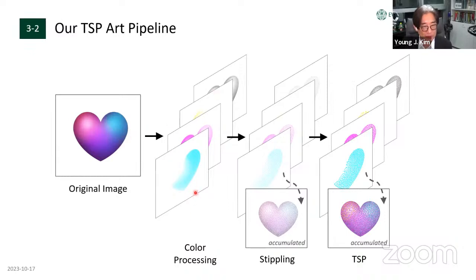That is color processing. Then for each color channel, we independently create stippling points. And then for each set of stippling points, we solve a TSP for the individual channels. Then if you add up all these TSP routes, we get the final result. That is our TSP pipeline.